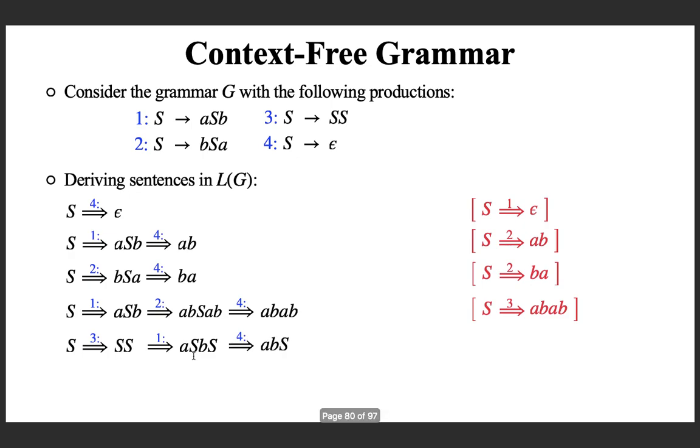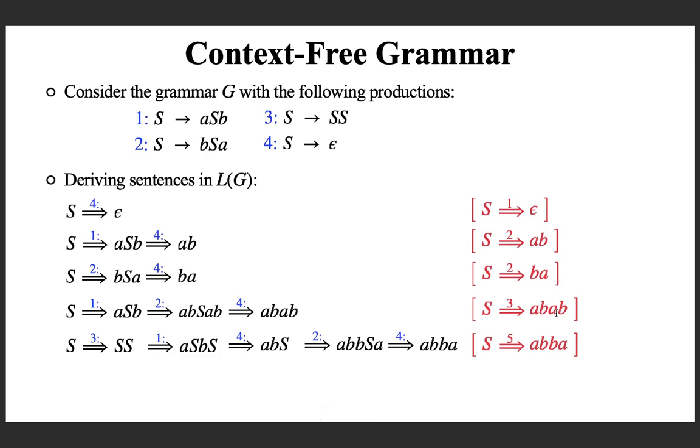Then you apply production number 4 on the first S, here you are getting AB followed by this S. Then apply production number 2 on this S, now I am getting BSA replacing this capital S. And on applying production number 4, I will get ABBA. In how many steps? In 5 steps.